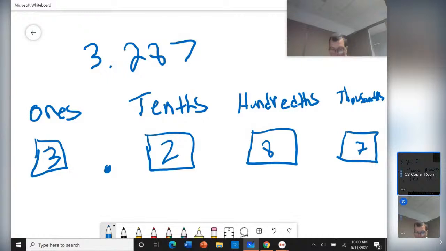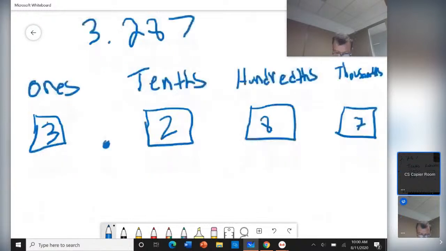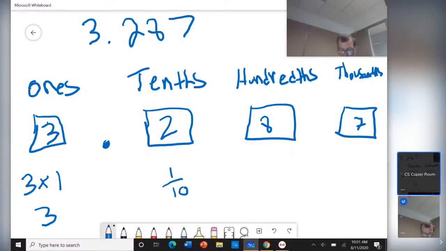One way to think about this, you guys, is if we did 3 times 1, you would get the 3. And the tenth is 1 over 10. That's a tenth. So it would be 2 times 1/10. The 8 would be 1 over 100, times 8.